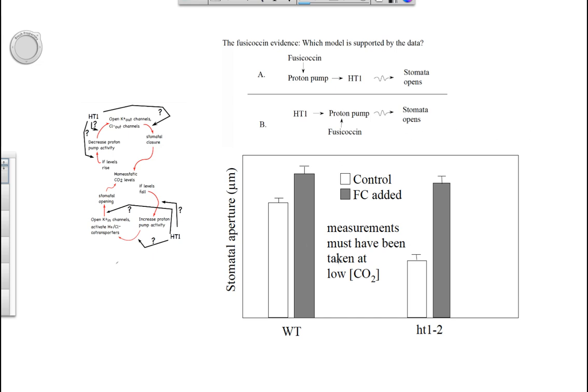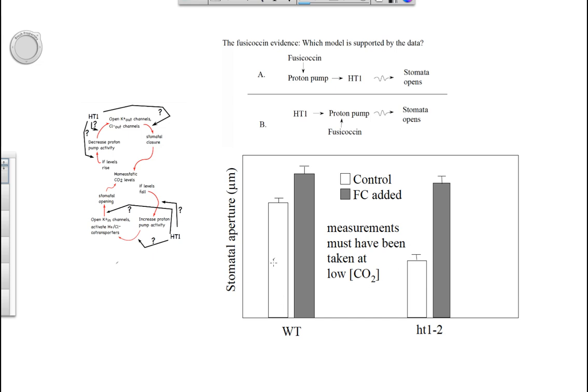The Serna team measured control, no fusicoccin added, and fusicoccin added, in wild-type plants and mutant plants. Notice that the measurements have been taken at low carbon dioxide concentrations. How do you know that? Well, because you can see that the controls for the HT1-2, well, that's low opening.